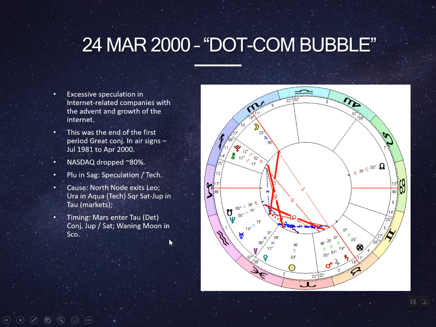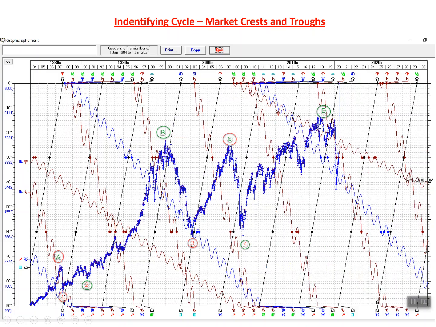It's in a very uncomfortable place and can result in mass hysteria and sudden movements in prices. So we can see from the top of the market, the crest, in 2000, the markets dropped. The FTSE 100 took a sharp fall, and this period lasted about 2 years until markets started to recover.